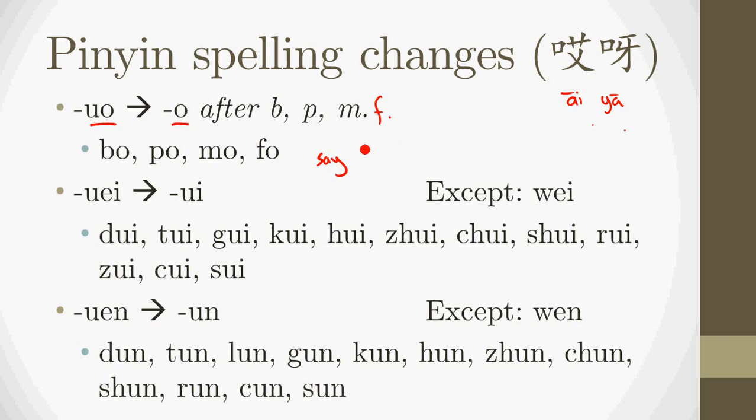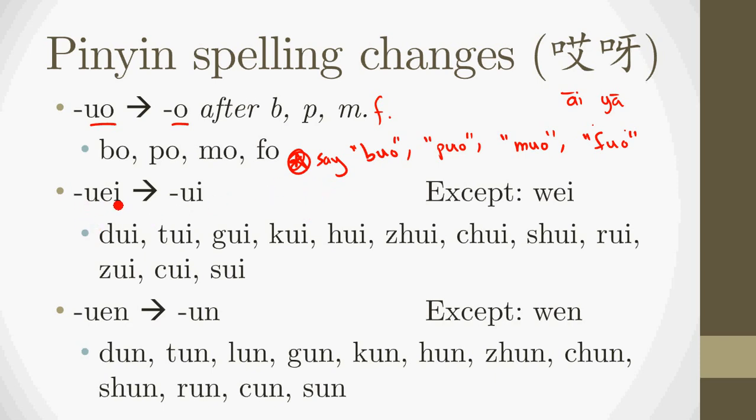So we're saying bo, po, mo, and for, even though we're writing bo, po, mo, for with just an O. Okay, that's the first orthographic change.